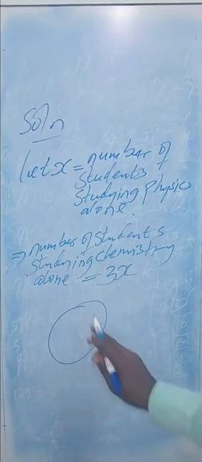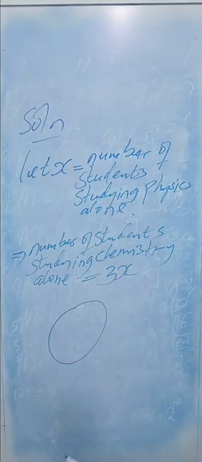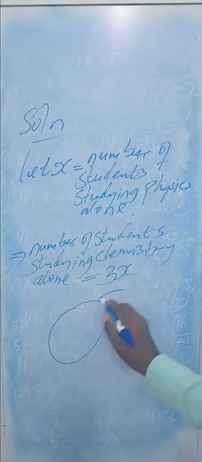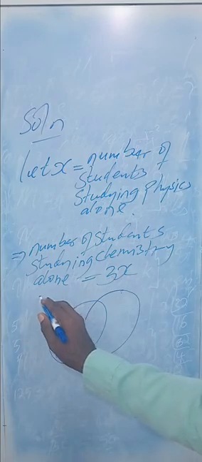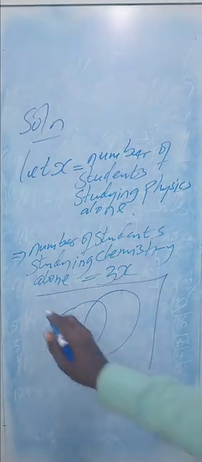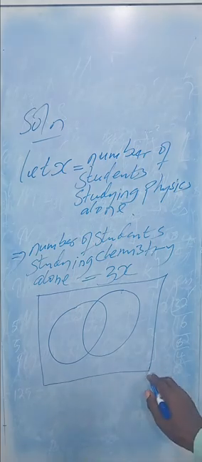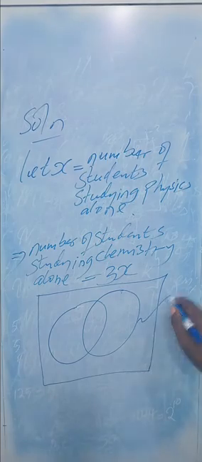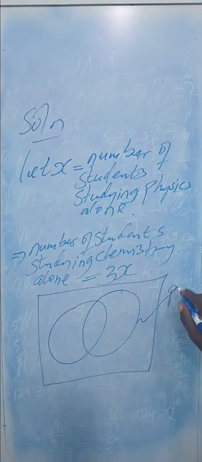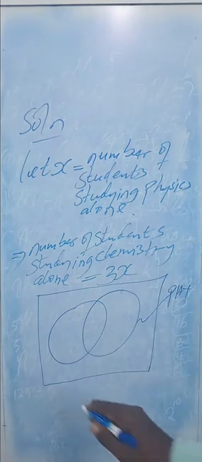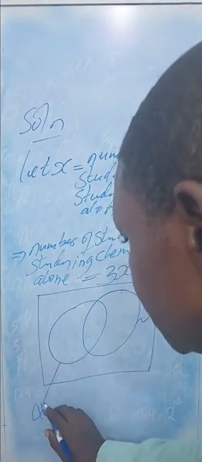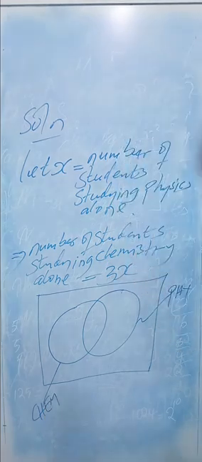Actually we call them oval diagrams, but it's not easy to draw an actual oval, so let's call them circles. The circles represent the sets. So maybe this one is for physics, then this one is for chemistry. I'll summarize as chem.